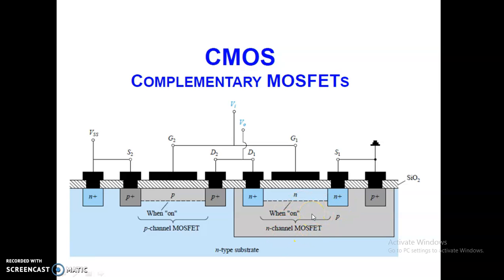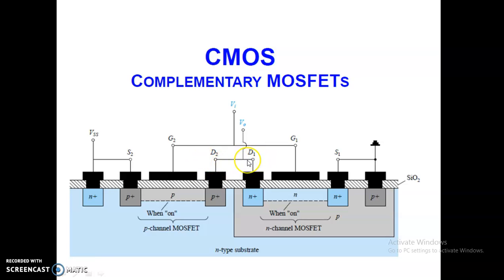The source of the N-channel MOSFET is connected to ground, whereas the source of the P-channel MOSFET is connected to VDD. From the figure you can see this is connected to VDD and this is connected to ground. The drains of both MOSFETs are connected together. Both drain terminals are connected to each other.